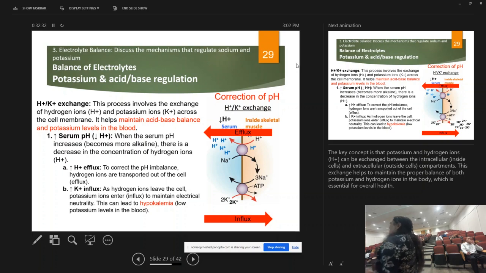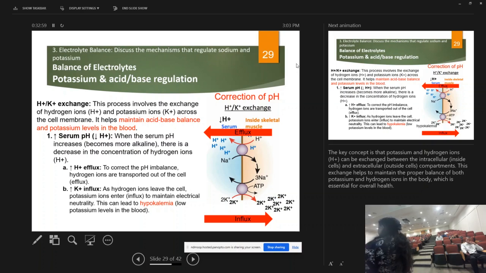As you're bringing more proton, this pump goes together with it, so it has to move more potassium in. So if this keeps on working, what do you think will happen? The more the pH is being corrected, the more potassium is going in, which can lead to what?